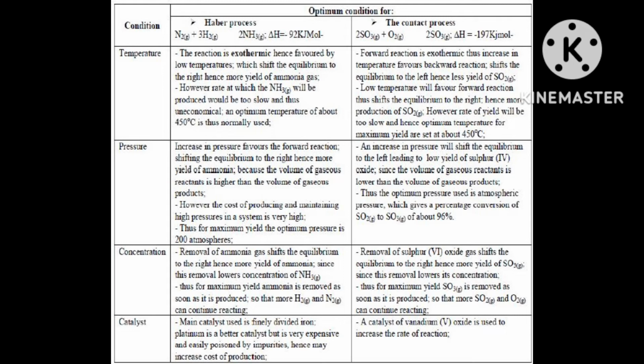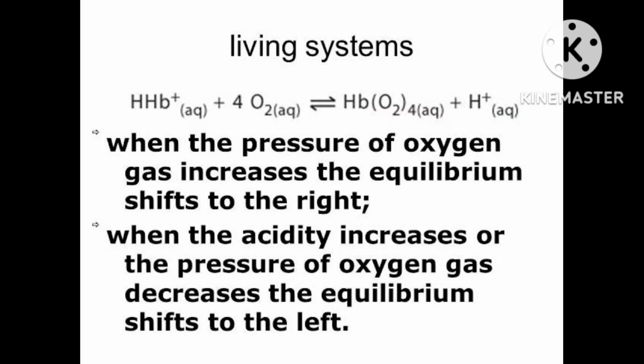Then moles, you can easily calculate: mass divided by molecular mass. 13.8 divided by 92 gives 0.15 mole of N2O4.